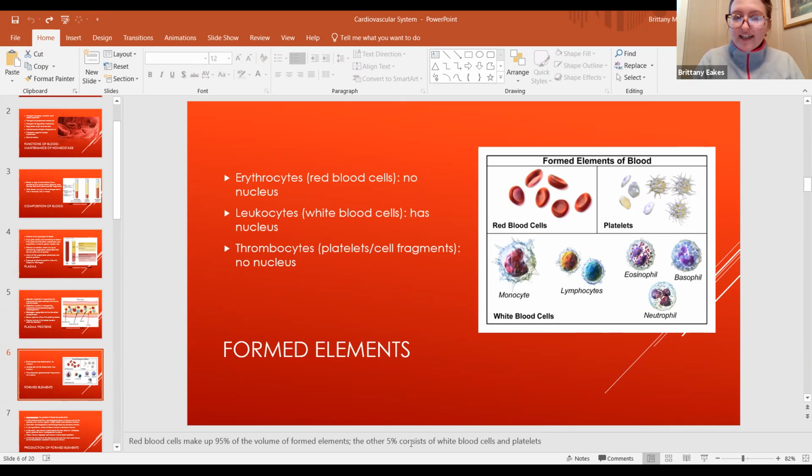And your thrombocytes are your platelets, which are cell fragments, and they do not contain a nucleus either. Red blood cells make up about 95% of the volume of the formed elements, and the other 5% is white blood cells and platelets. So your red blood cells are the majority of your formed elements composition.